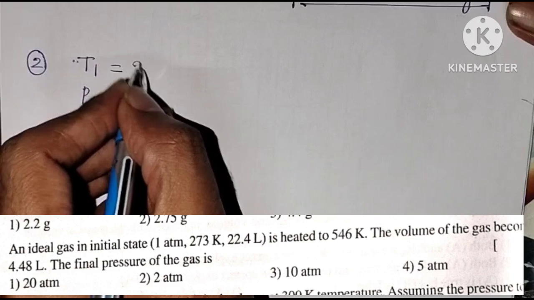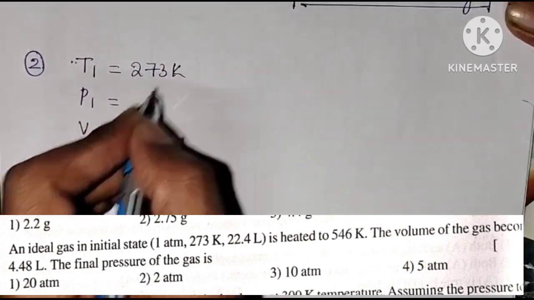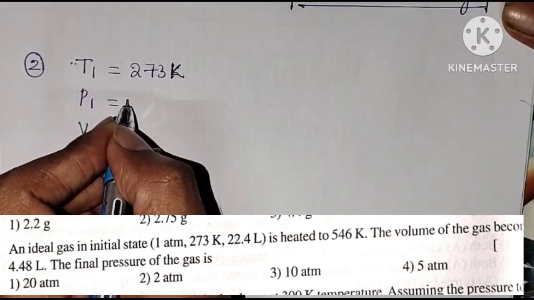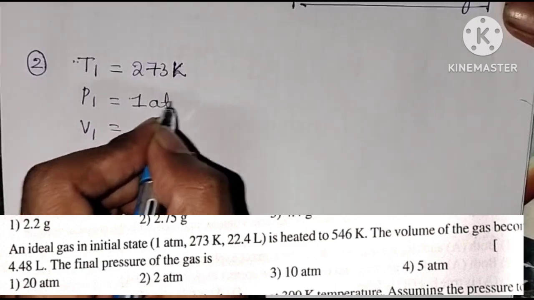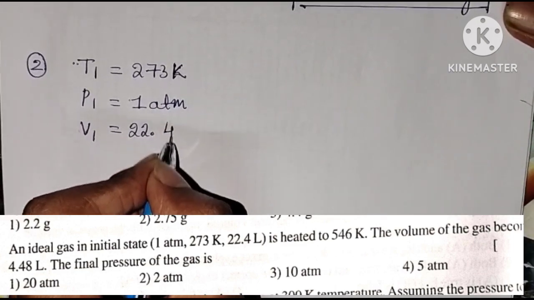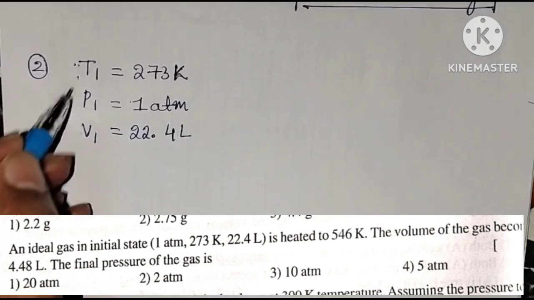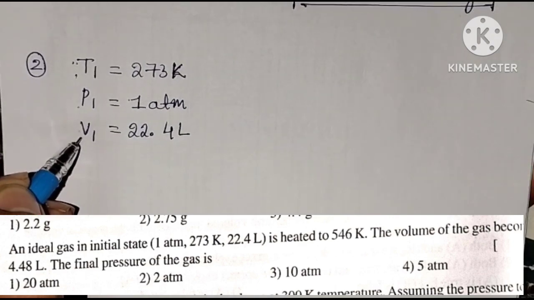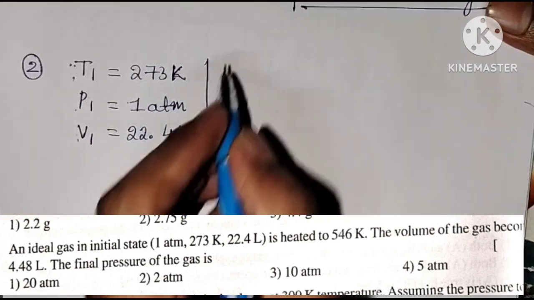So T1 is equal to 273 Kelvin, and P1 is equal to 1 atmosphere, and V1 volume 22.4 liters. So initial temperature 273 Kelvin, initial pressure 1 atmosphere, and initial volume 22.4 liters.